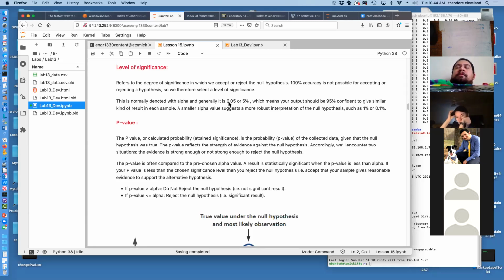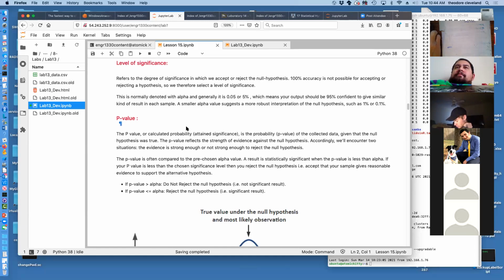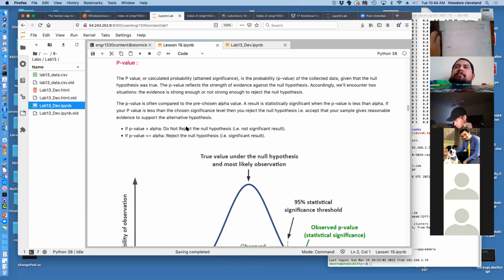A smaller alpha value, such as 1%, suggests a more rigorous interpretation of the null hypothesis. But consequently, even though the confidence is increased, our range of values changes dramatically. We'll see that later in examples.